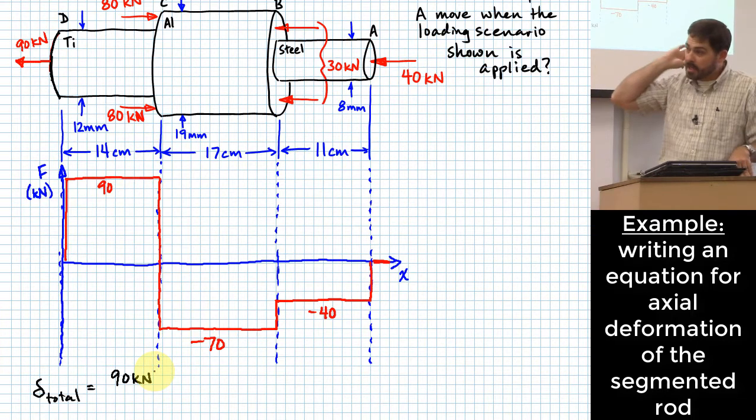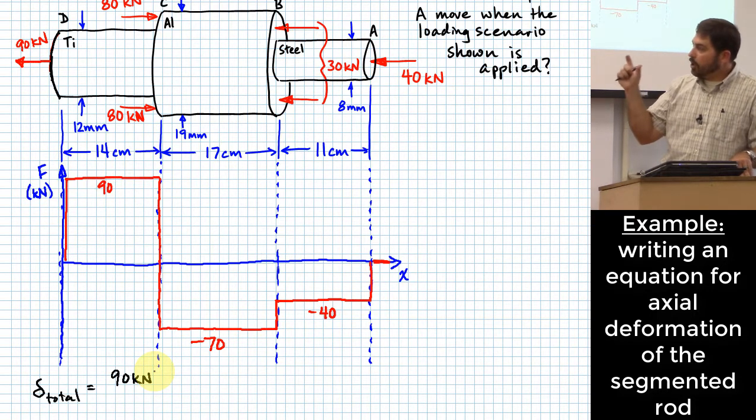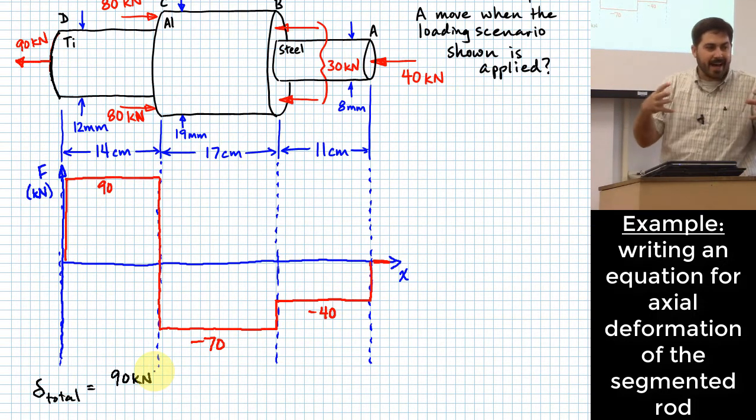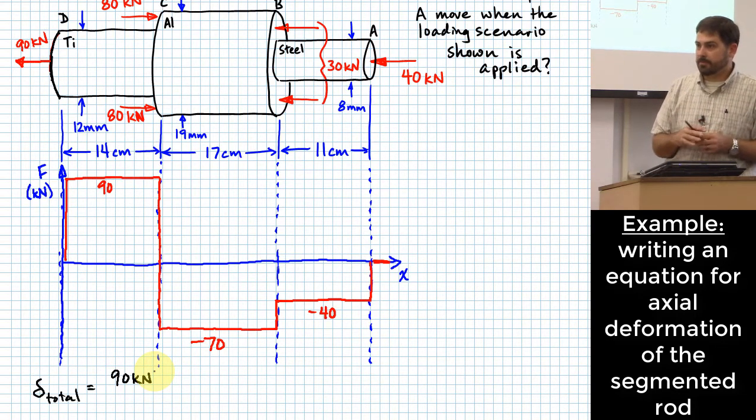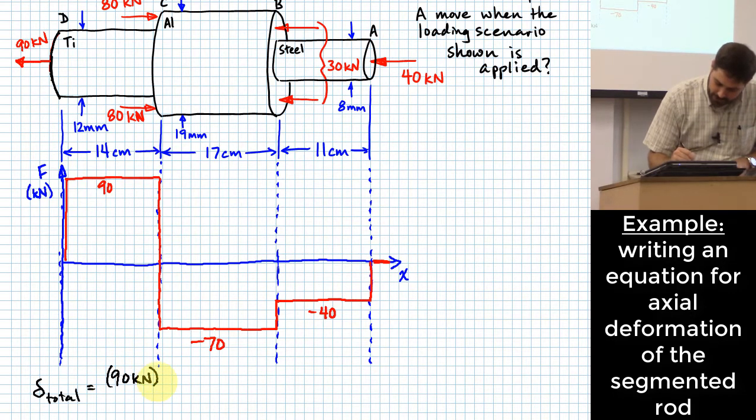So my recommendation is when you're writing these equations, try to write them so that your elongation forces, your tensile forces, are all positive, and your compressive forces are all negative. Okay? So 90 kilonewtons times what?